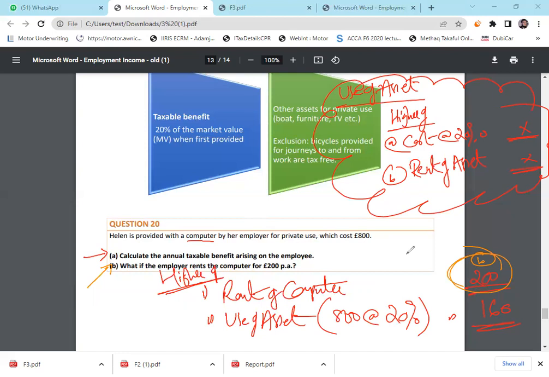So the use of asset will depend on which one is higher, the rent amount or the 20% of the value.